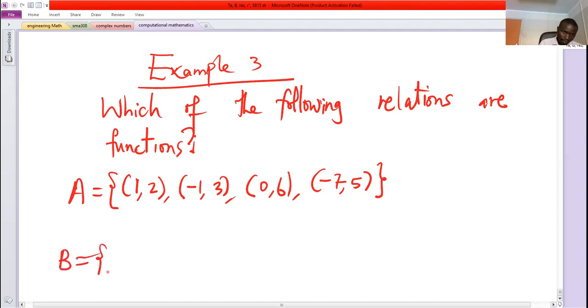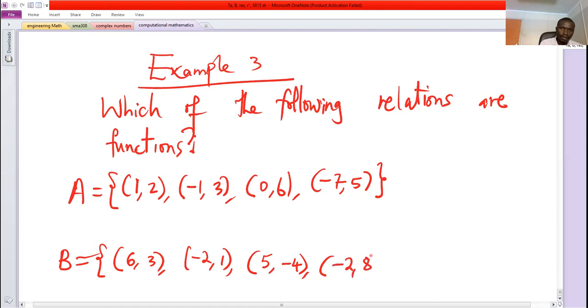B, we have (6, 3), (-2, 1), (5, -4), and (-2, 8).